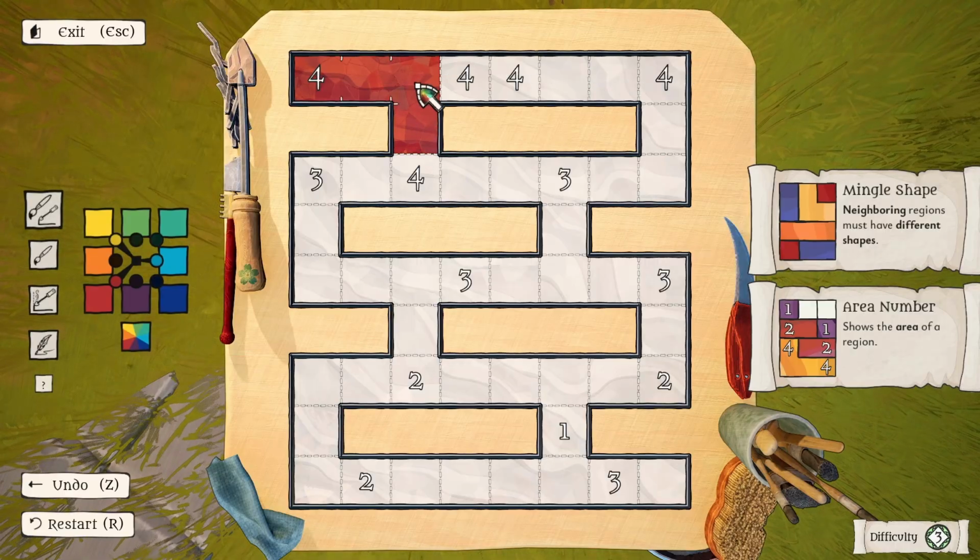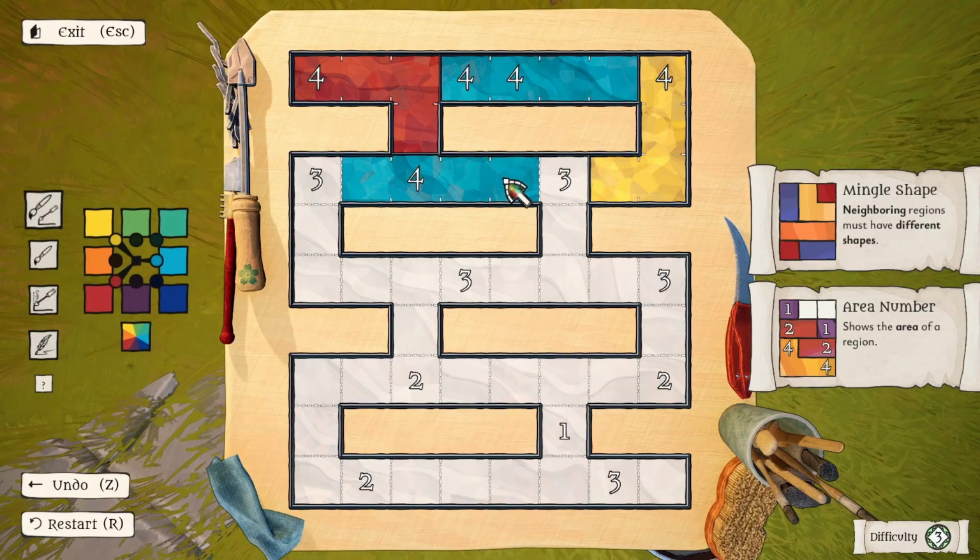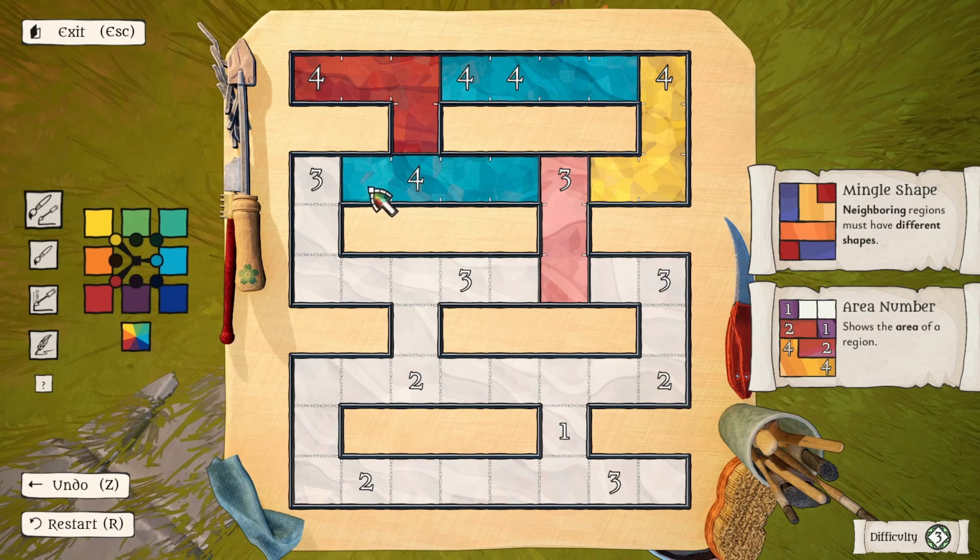This does that. Then this one does that. This one does that. Now that one is there. We have that 3 and that 3.